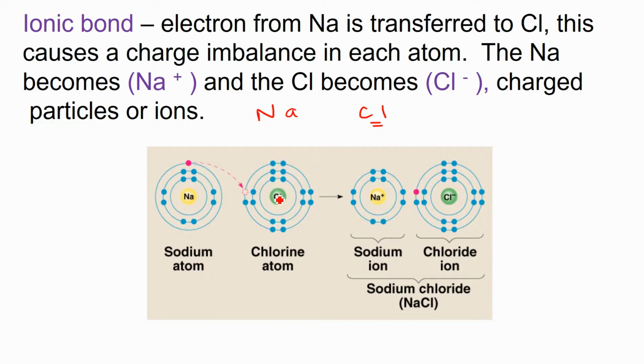This is the electronic configuration of chlorine, of course, and the red electron is the one that was transferred from sodium. So sodium becomes Na plus, chlorine becomes Cl minus. Sodium is a positively charged cation, chlorine is a negatively charged anion. That's how you get sodium chloride, which is table salt.